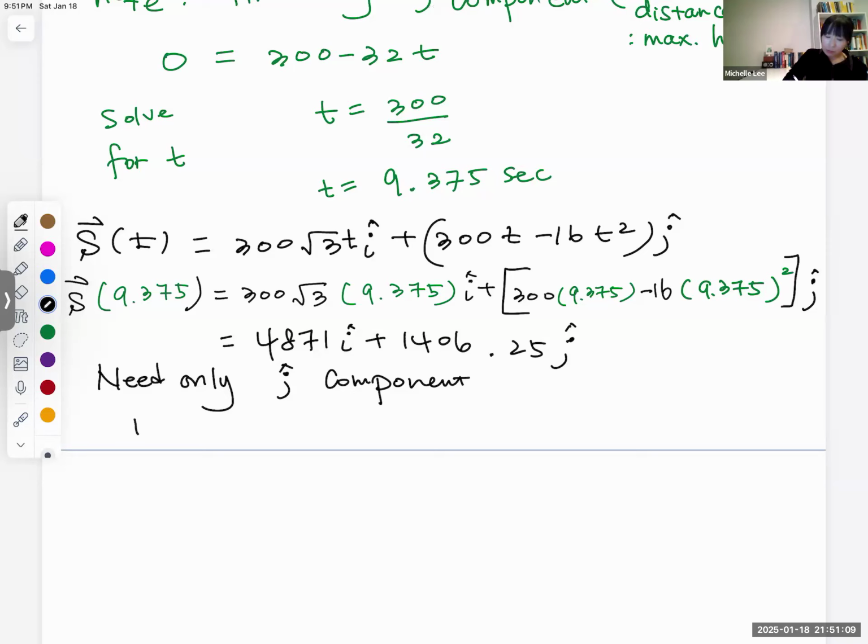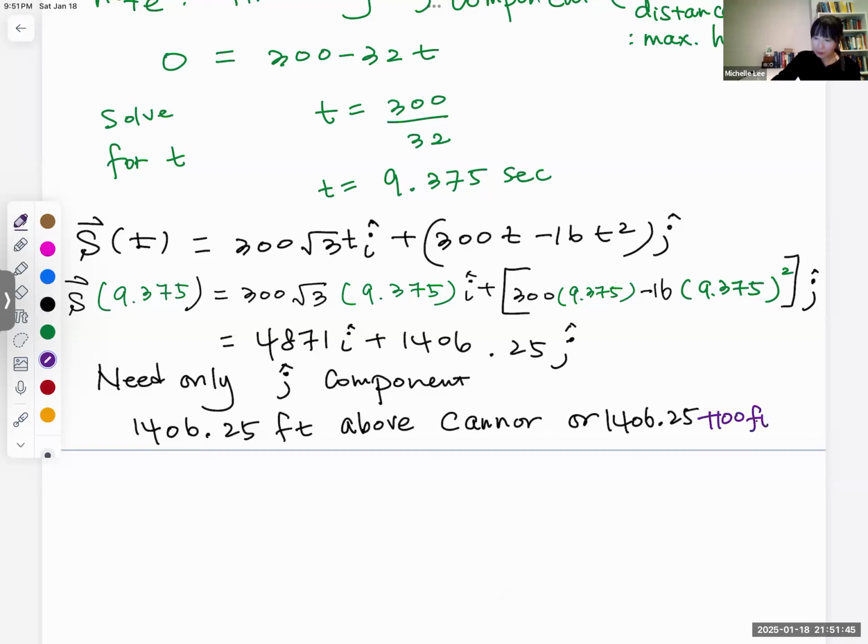So 1406.25 feet above the cannon, or 1406.25 plus 100 feet.